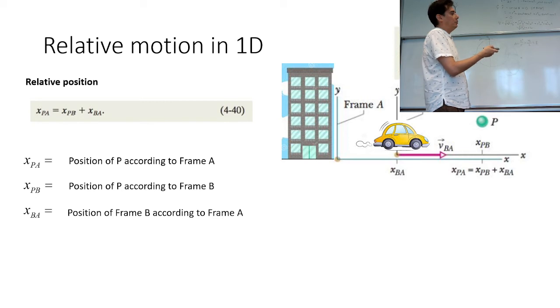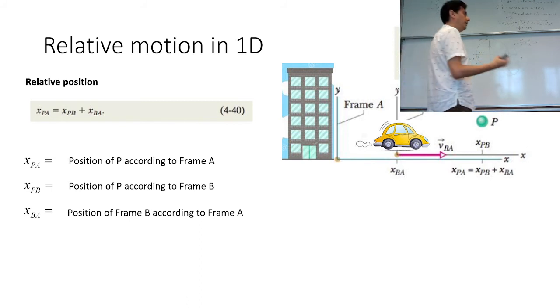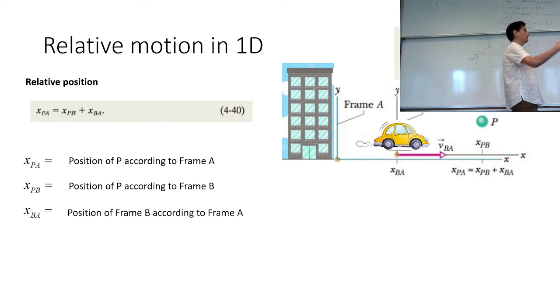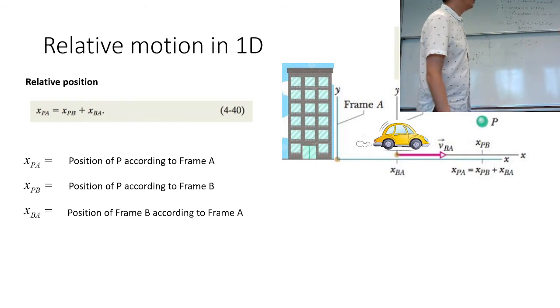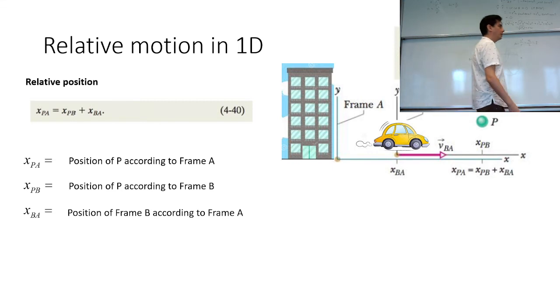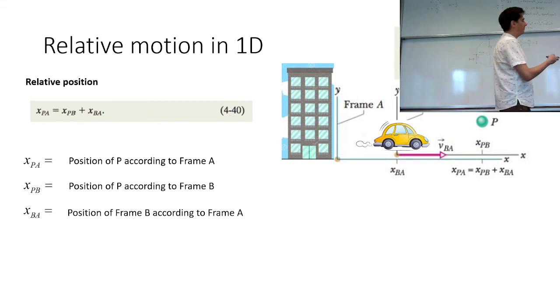Obviously these two people, the person in frame A and the person in frame B, would perceive the position and velocity of the ball to be different. From the point of view of frame A, let's say this ball is not moving for the time being, then the object is just some distance away and it's not changing.